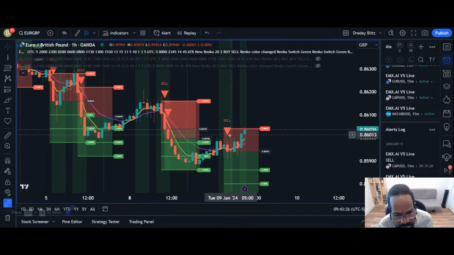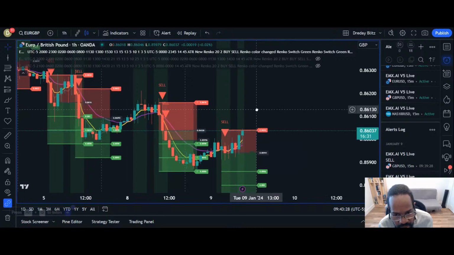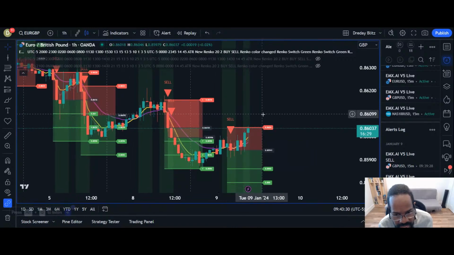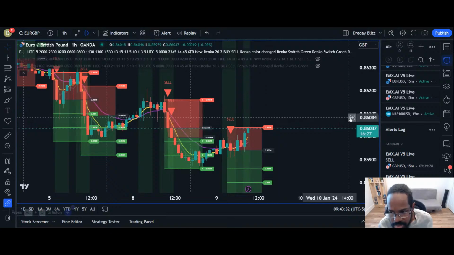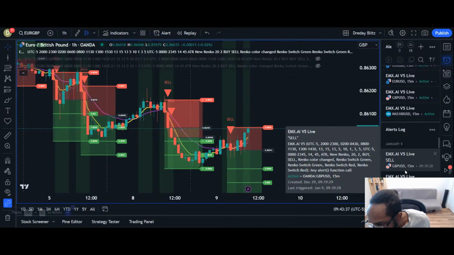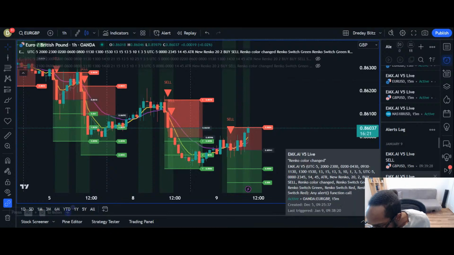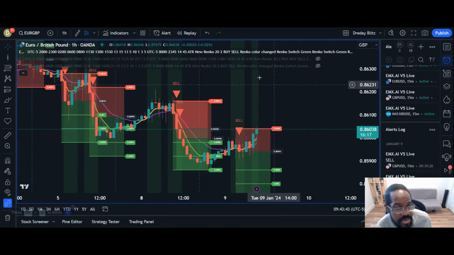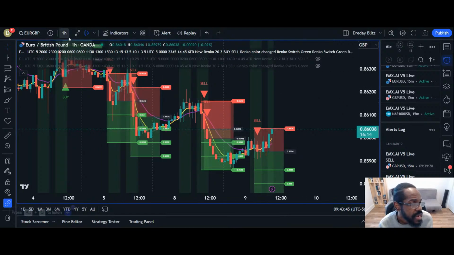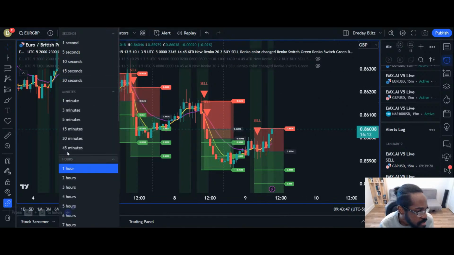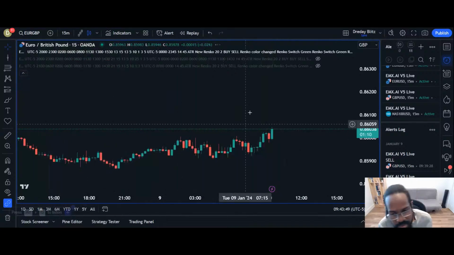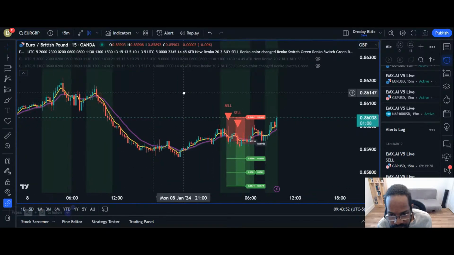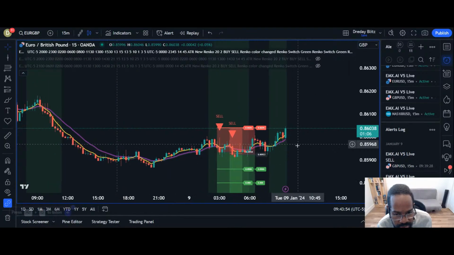If you took the sell, I think at this point the market is going to reverse, and we received a wrinkle color change. If we go back on the 15 minutes, we did receive a wrinkle color change at this point right here.